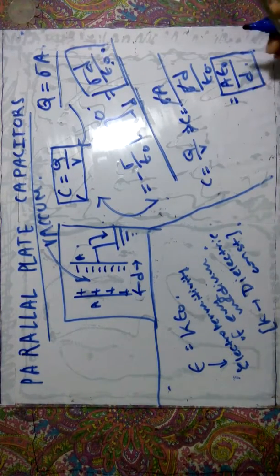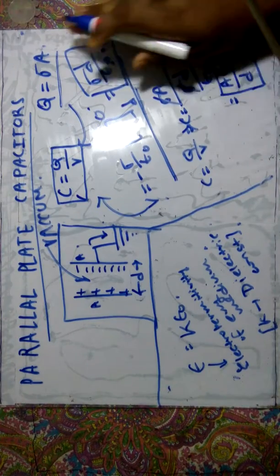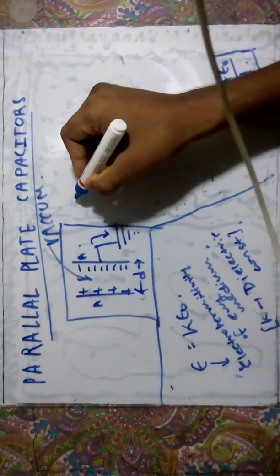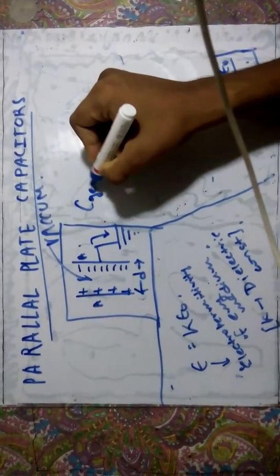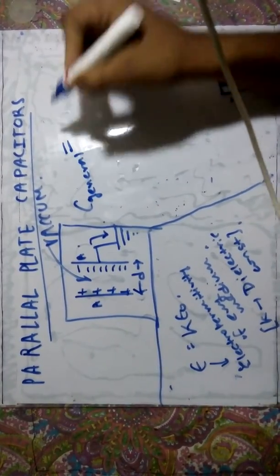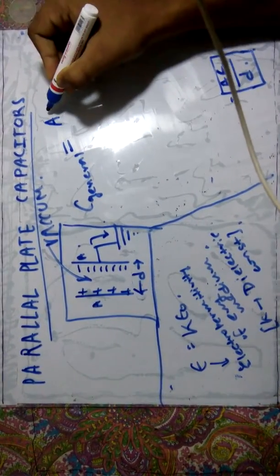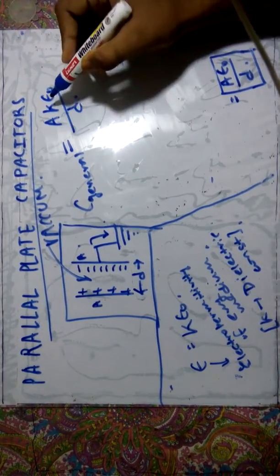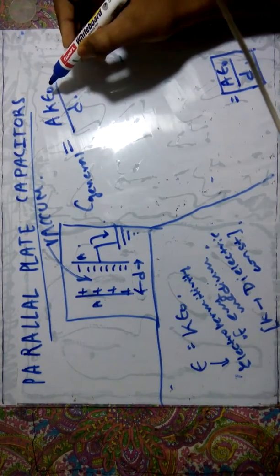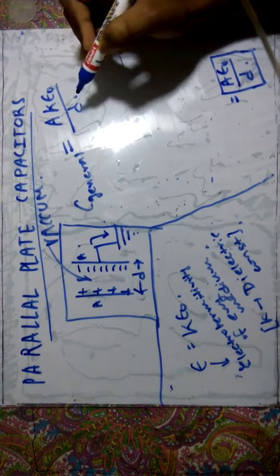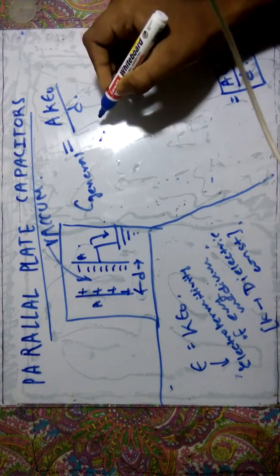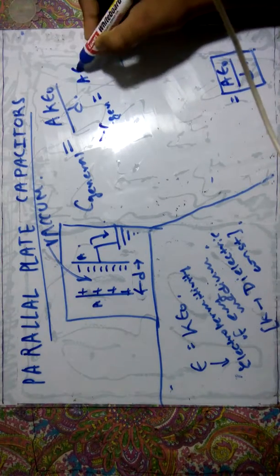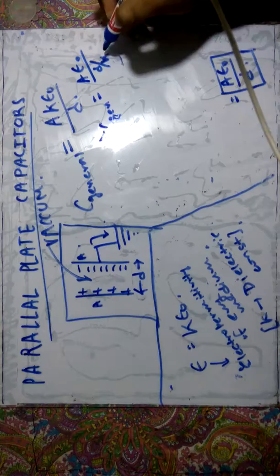So we can generalize this formula: C general equals A K epsilon 0 by D. A and epsilon 0 do not vary, but K and D can vary. So C general equals A epsilon 0 by D by K.